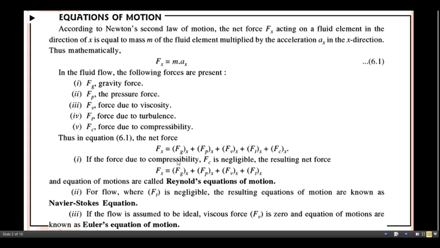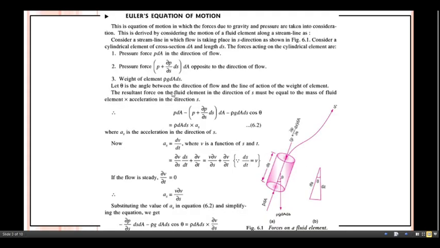If I neglect the turbulence force Ft, the resulting equation of motion is called the Navier-Stokes equation. If I then neglect the force due to viscosity, the equation is known as Euler's equation of motion. Now we'll see the relation for Euler's equation of motion.